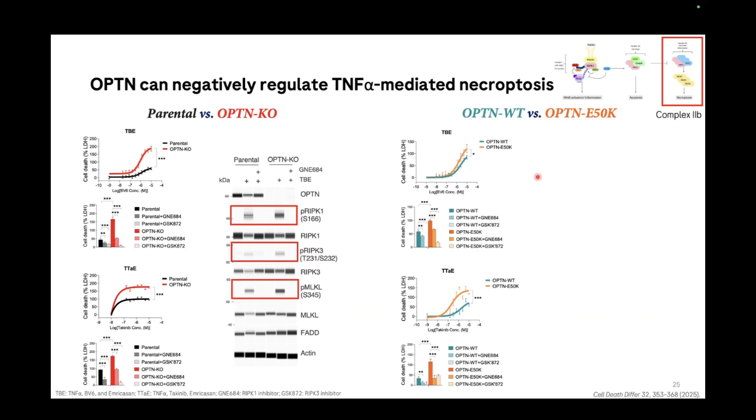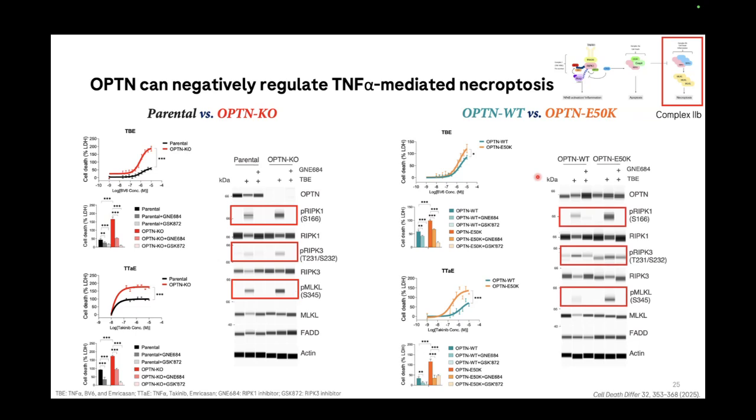These cells also exhibit increased sensitivity to necroptosis inducers, and this increased sensitivity is also inhibited by RIP1 and RIP3 inhibitors. Immunoblot data again confirm higher phosphorylation of RIP1, RIP3, and MLKL, meaning the E50K mutation enhances necroptotic cell death. So here we confirm that the E50K mutation is a phenocopy of the OPTN knockout line, as it responds in a similar way to the knockout lines in the cell death context.